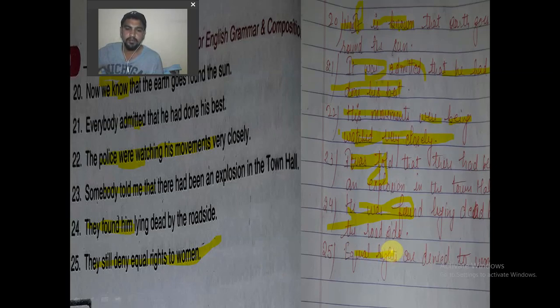Equal rights are plural, so that is why are is to be used. Is, am, are plus verb third form. Are denied, denied is the third form, to women would remain as it is. By them we are not going to write, nothing would be written like that.